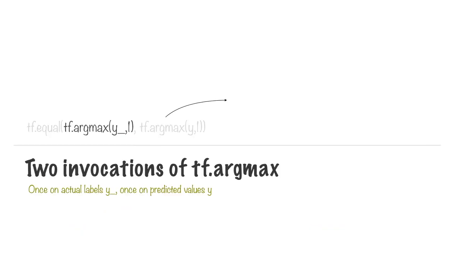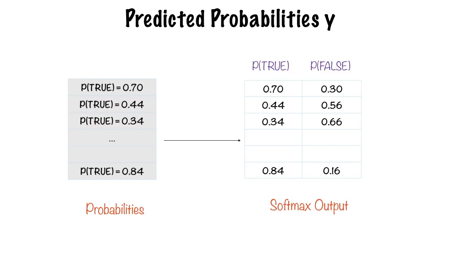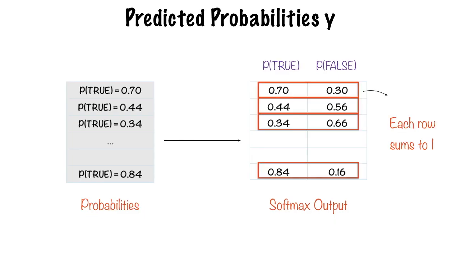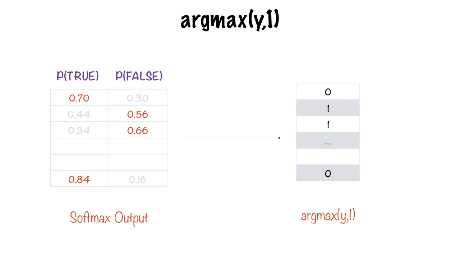That is as far as the first invocation of tf.argmax goes. As far as the predicted labels go, these are the outputs from the softmax activation. These are going to be predicted probabilities. So there will be two probabilities which will sum to 1. By invoking tf.argmax on these predicted probabilities, we are going to get the predicted final output.